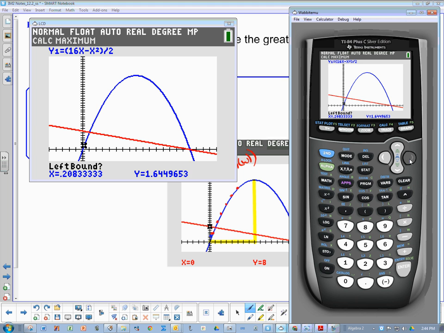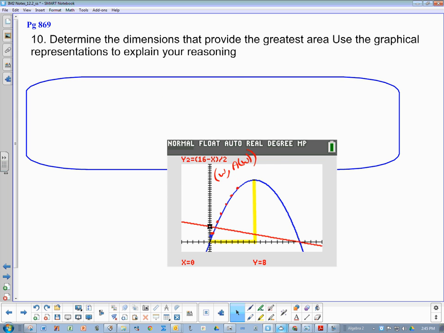I need a left bound, so I'm going to get a little closer to the point that I am seeking. Enter, let's move over, enter, enter. All right, I have a maximum of 8, comma, 32. So this point right here is 8, comma, 32.